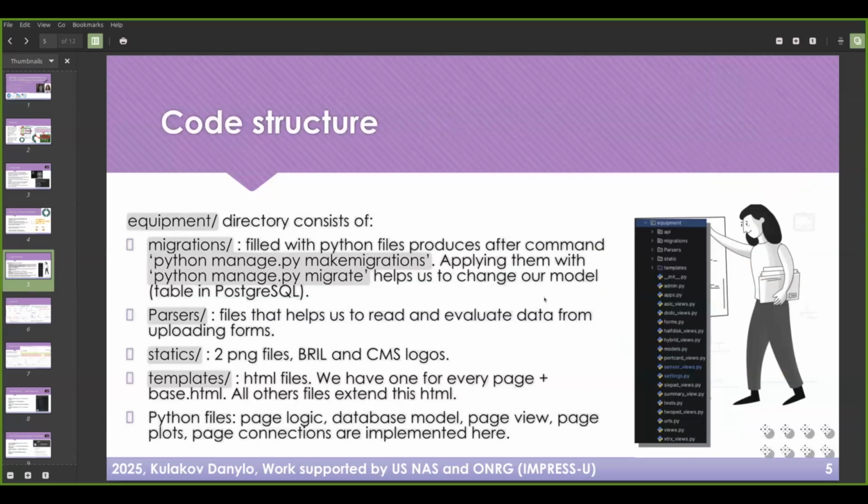Okay, code structure. The main folder on my GitLab is equipment. We have here our backend, front end, and also some tools that will help us to migrate from one database to another.